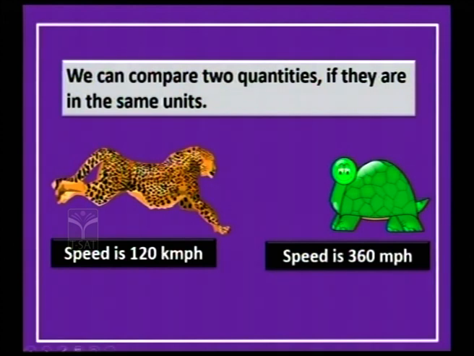If you notice here, the speed of the cheetah is 120 kilometers per hour, whereas the tortoise is 360 meters per hour. Since the units are different, we cannot compare. This is a very important thing you need to note down children. We can compare two quantities only when they have the same units. Otherwise, we cannot compare them.